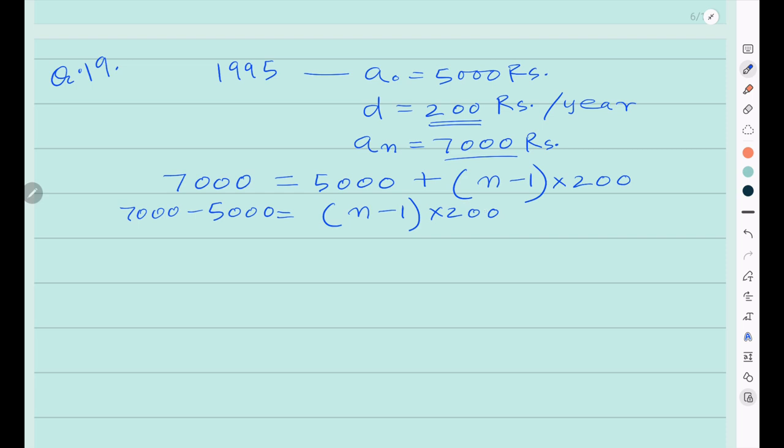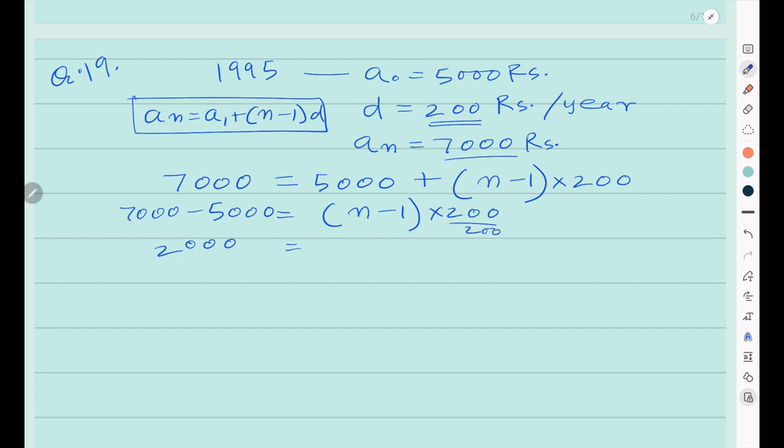So what we have done here: the salary trend is represented by an arithmetic progression, AP, and that's why we are applying the AP formula. We have applied the nth term is equal to a1 plus n minus 1 times d. So 2000 is equal to n minus 1 times 200.